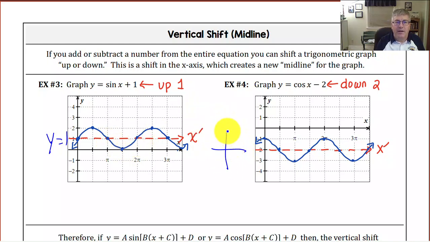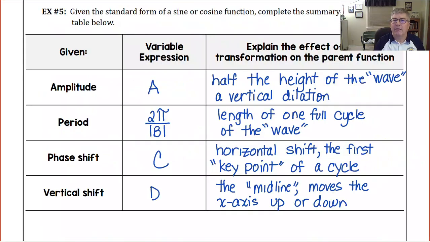Those are going to be, for sine, the zeros, or our start, and our halfway through, and our finish when we go around the unit circle. And then for cosine, in this one we shifted down 2, so we have y equals negative 2. She uses x prime here to show that this is our new x-axis down at negative 2. So think of that as our new 0 line.